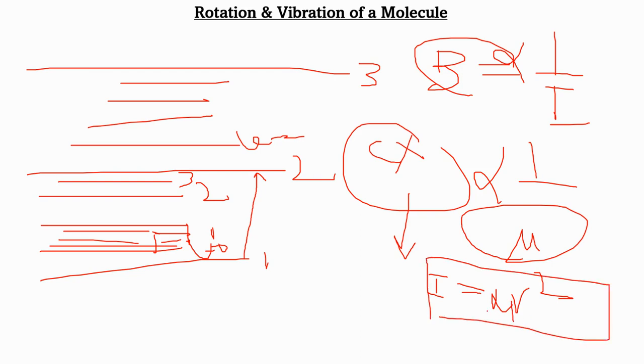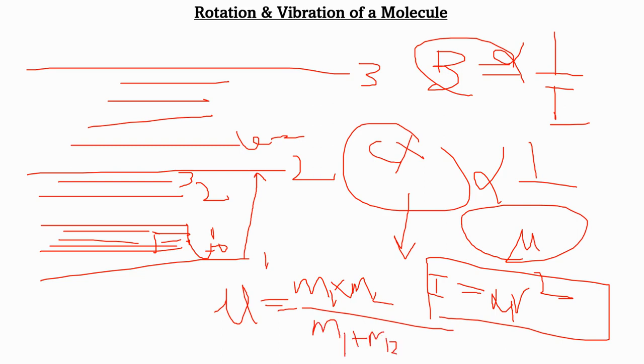So in this equation, only one unknown is mu, because r is given to us, r is the bond length. From this we can calculate mu, and we know if there are two masses, the effective mass is m1 m2 divided by m1 plus m2. So we solved different problems based on the reduced mass.